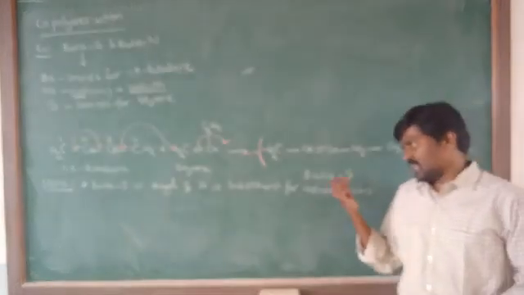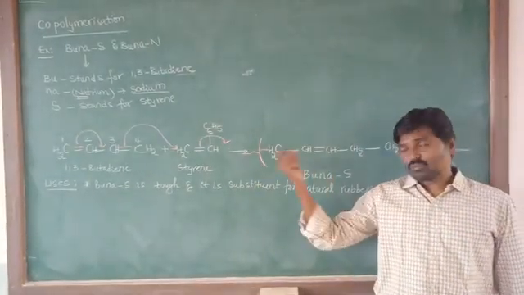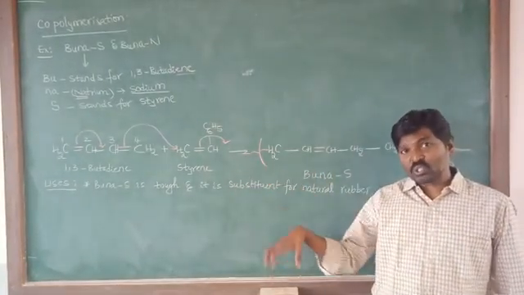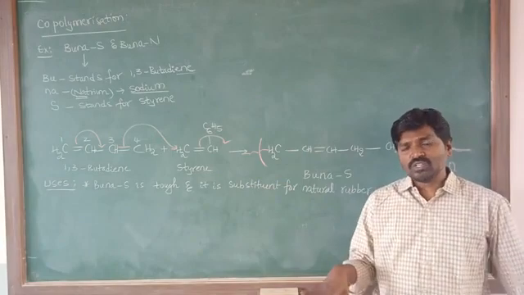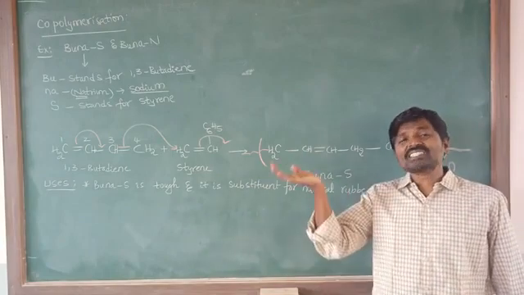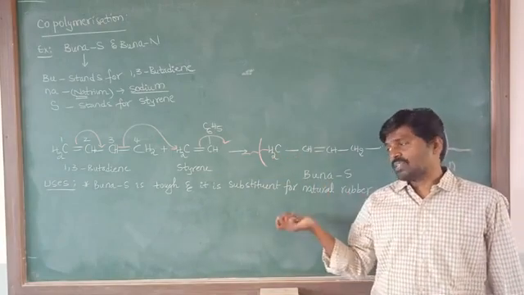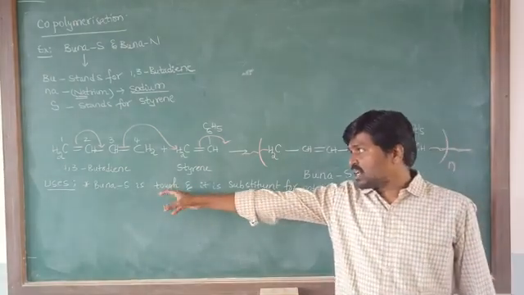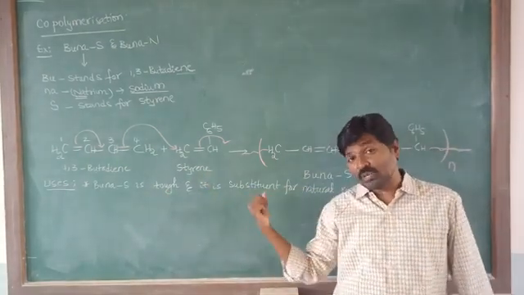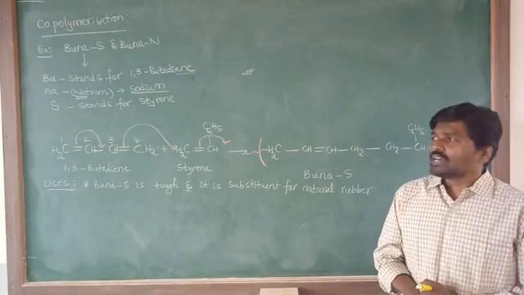It means we add a small quantity of this Buna S to the natural rubber. At that time, it increases the strength of that natural rubber. So that's why Buna S is also used as a substituent for the natural rubber.